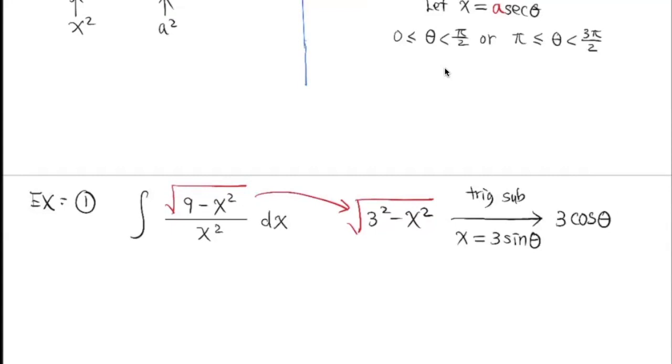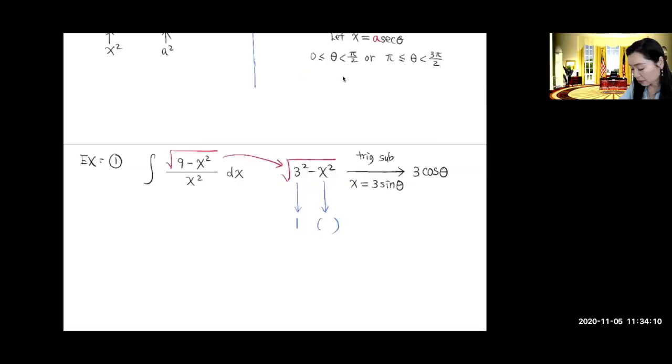Remember when you have this, try to think about this identity. This corresponds to the 1, and that corresponds to the square. You have 1 minus something squared equal to what square over here?